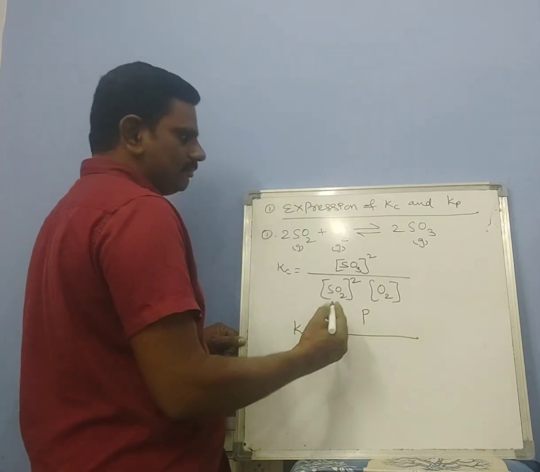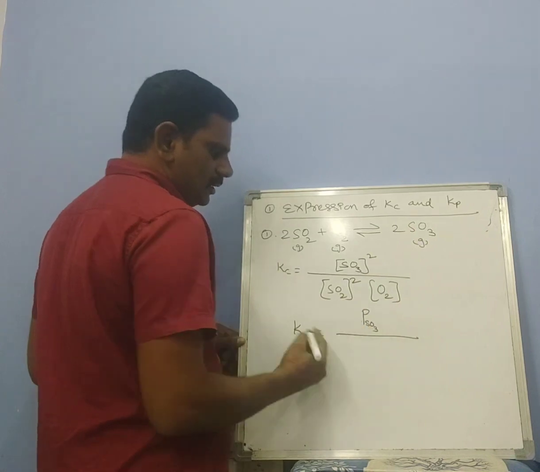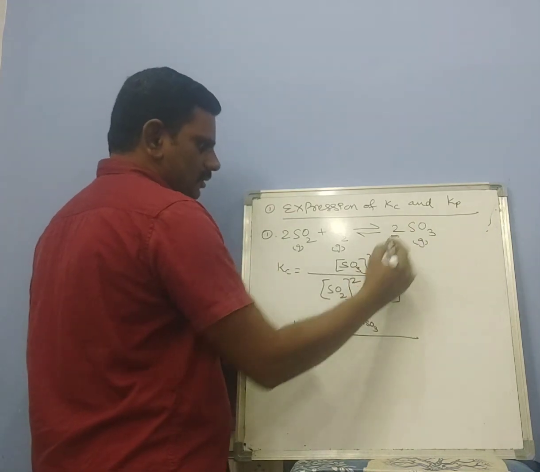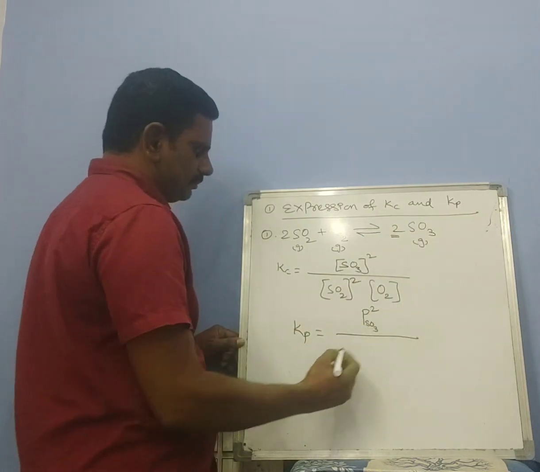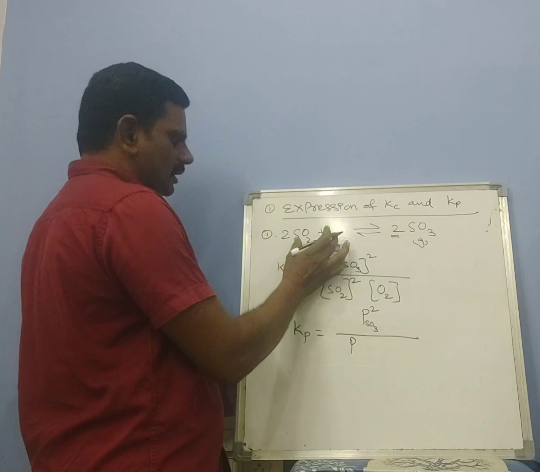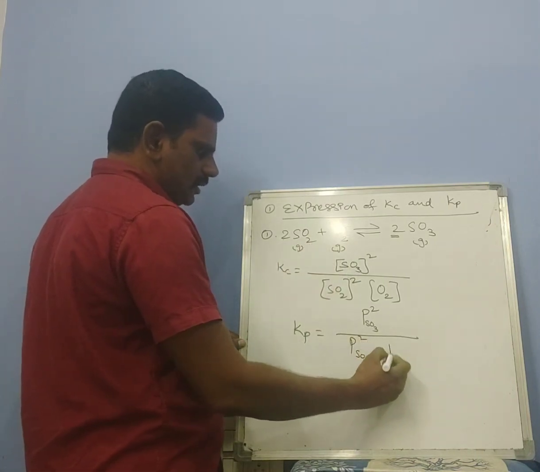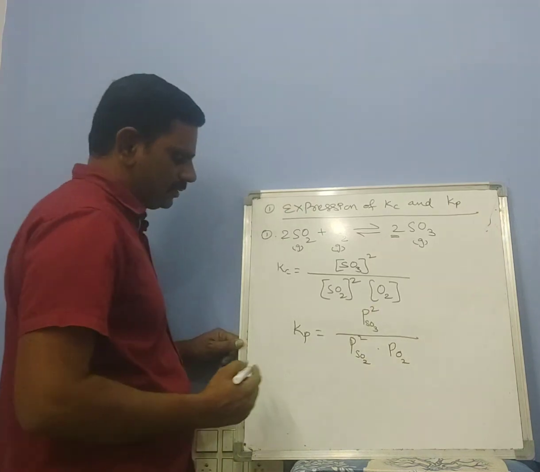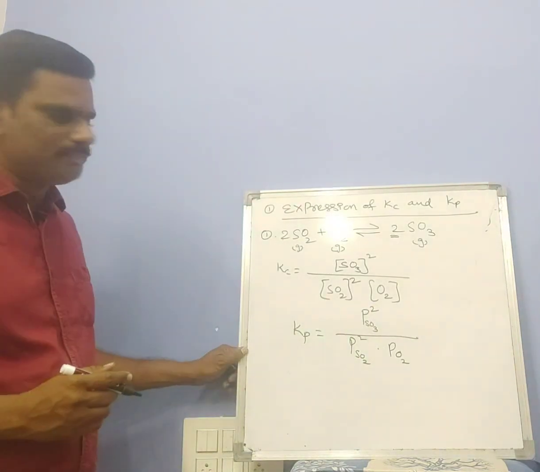Write P first, so write the compound here, and whatever the coefficient is, write it in the power, and for the reactants, partial pressure of SO2 whole squared into partial pressure of O2. Okay, this is the expression of Kp.